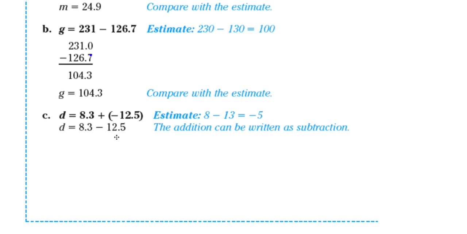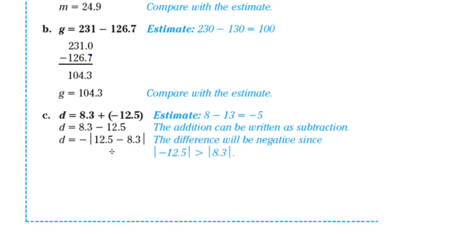8.3 and 12.5. So doing this, we can use absolute values. That means we subtract the smaller number from the bigger number, get its absolute value, and put a negative sign, since 12.5 is negative. Or we follow the song: same sign, add and keep, different signs, subtract, keep the sign of the higher number.